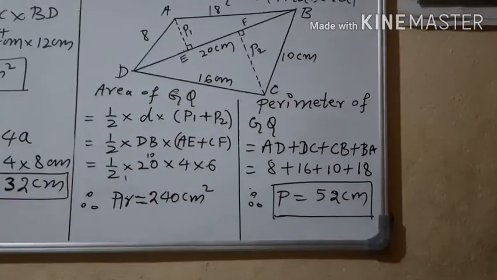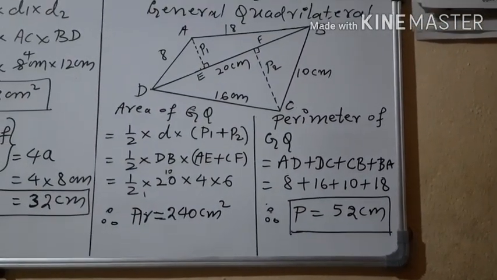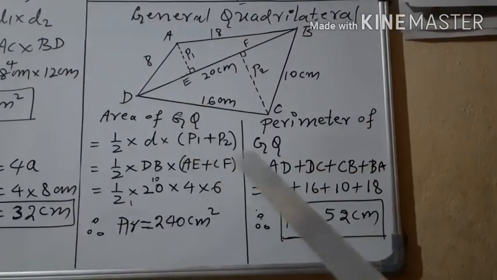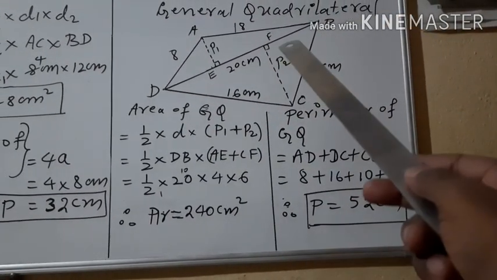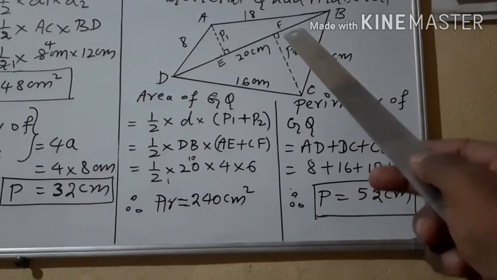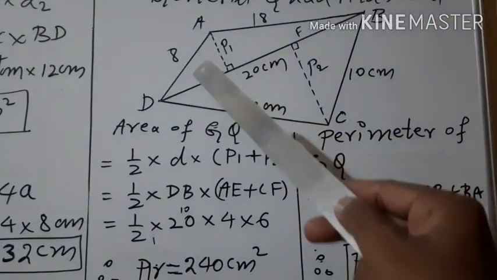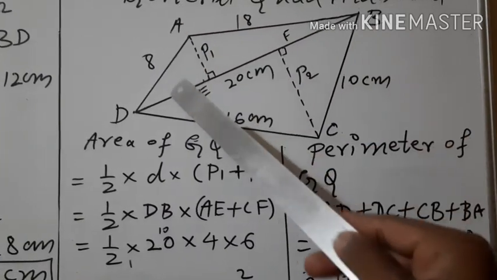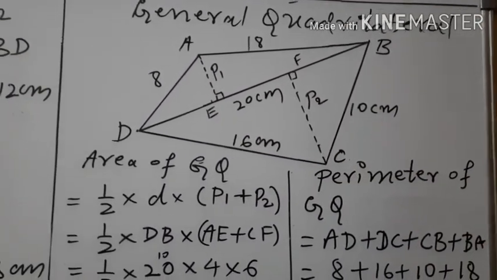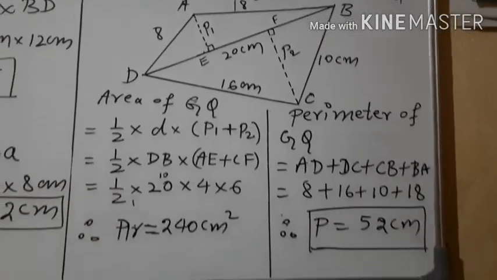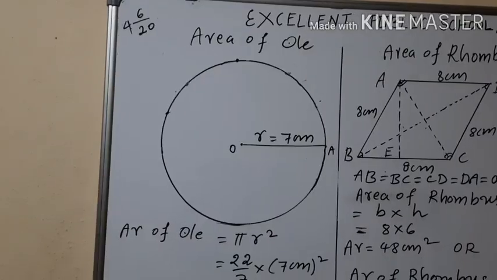Therefore, children, its perimeter is 52 centimeter, meaning its one full round length is 52 centimeter, and its area is 240 centimeter square, meaning I can place 240 one-centimeter squares inside this general quadrilateral. That is the meaning of its area and perimeter.